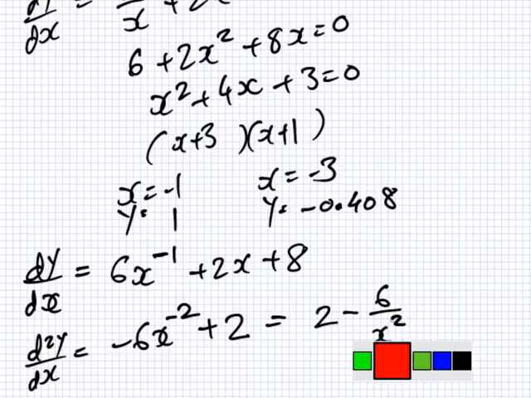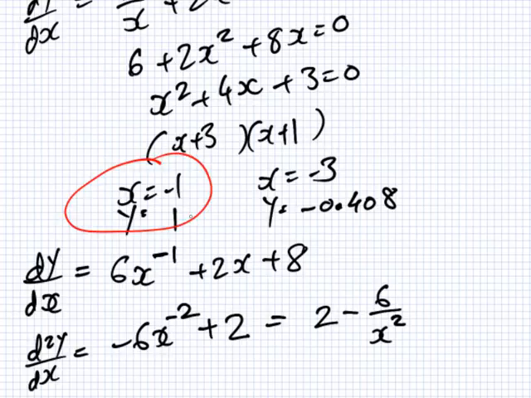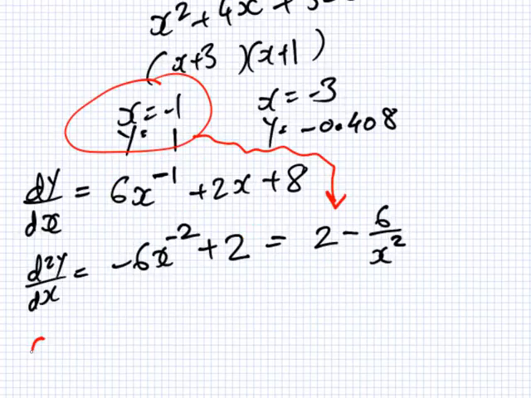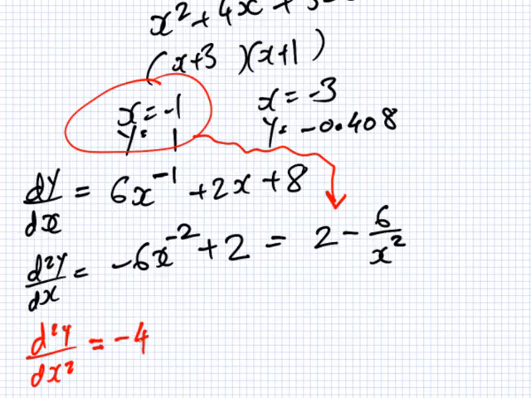So let's put in the first point. And we get the second derivative is equal to minus 4. And then let's put in this point.